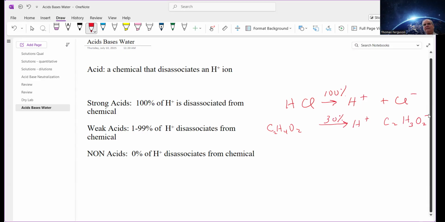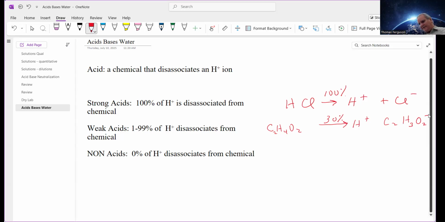Where with 100%, what you start with is no longer there at all. Weak, and most of the acids in the world are weak acids. There are millions of them. I mentioned yesterday we looked at a fatty acid found in meat, 18 carbons long. And it dissociates a little bit, not very much. Still an acid though, because an H plus comes off.